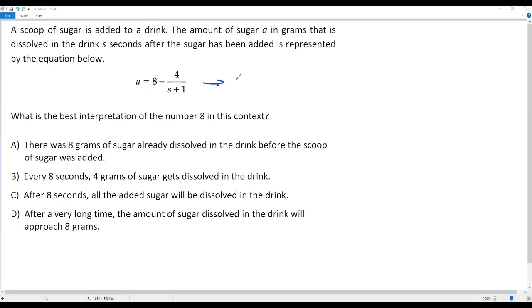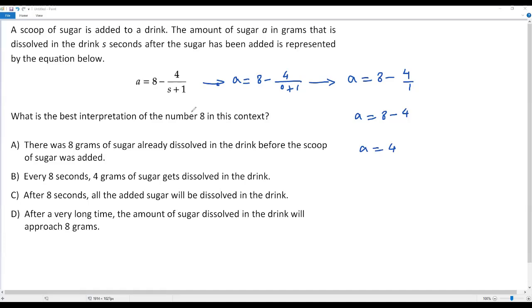Okay, now let me plug in S equals 0 in this equation and see what value I get for A. That is 8 minus 4 over 0 plus 1. 0 plus 1 is just 1. So A equals 8 minus 4 over 1, which is 8 minus 4, so A is equal to 4. When I plug in S equals 0, I get A equals 4.